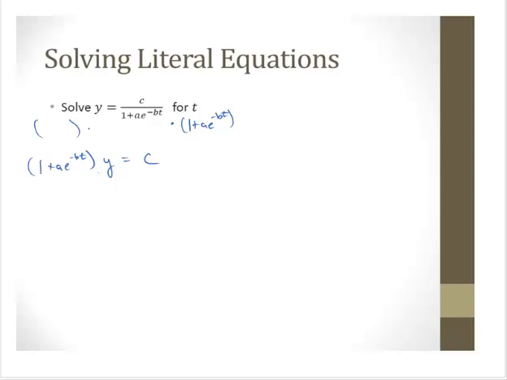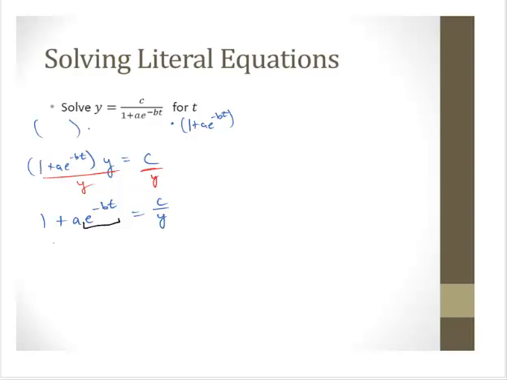Now I'll divide through by y. So I'd have 1 plus a e to the negative bt is equal to c over y. Now we're almost there, really, because now I can easily get the exponential by itself, and then I can apply the logarithm.